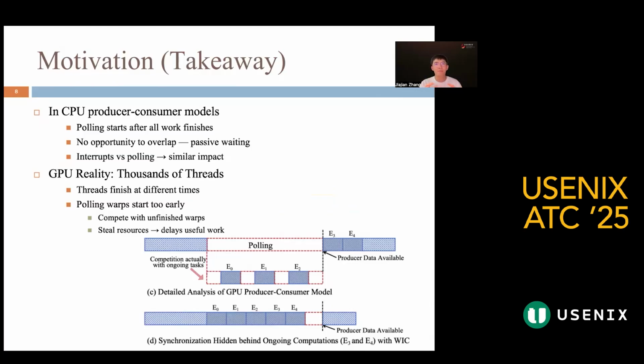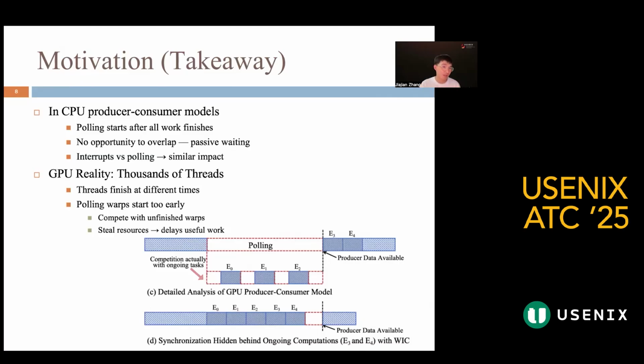So whether you are polling or waiting by interrupts doesn't change much. There's simply nothing left to compute. But things are very different on GPUs. Consumer kernels don't run as a single thread. They execute as thousands of threads in parallel, often organized into warps.